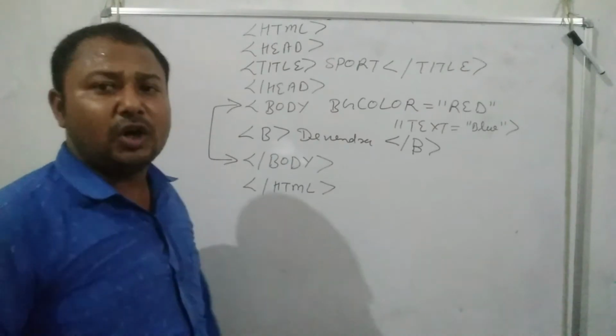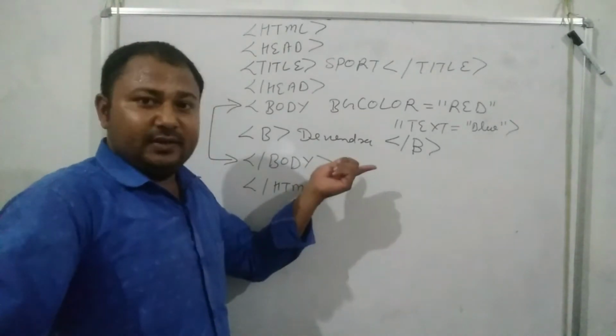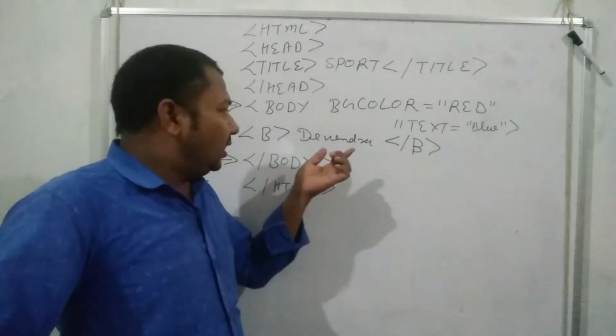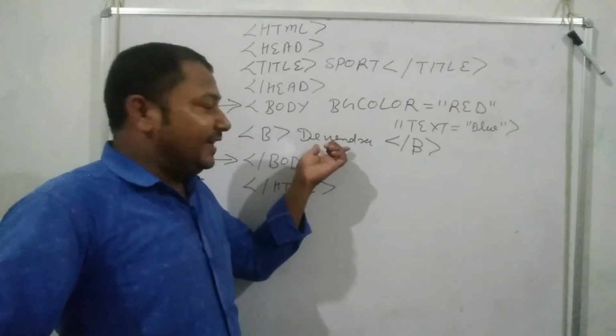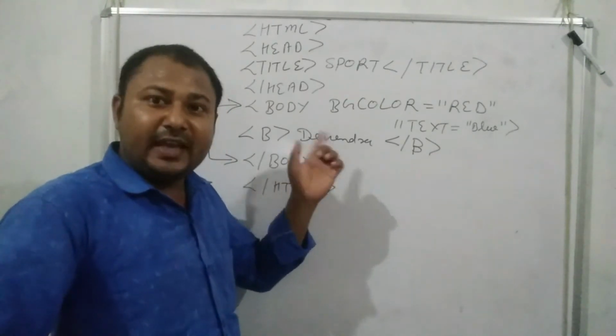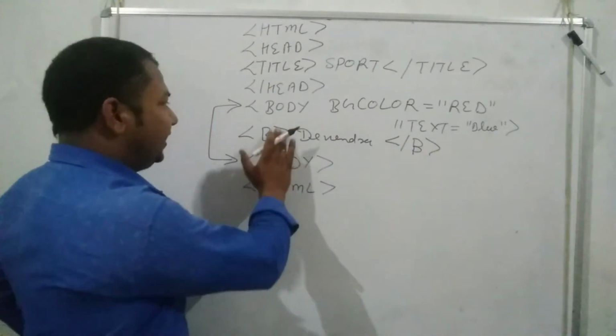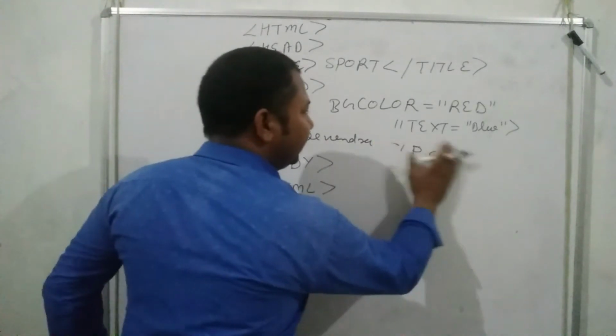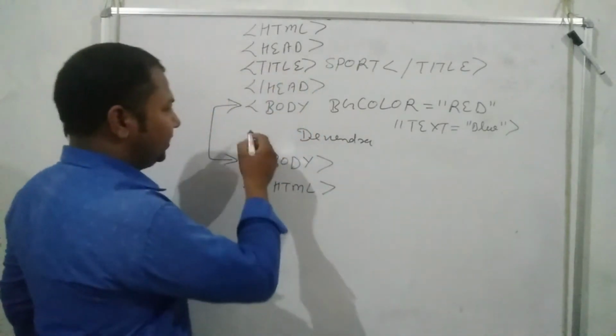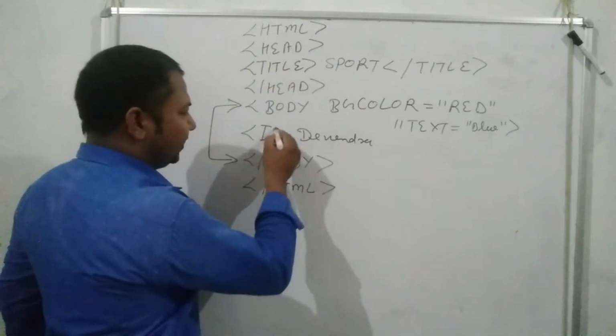And if we want to give italic text, we have to simply type the I tag, italic tag. The italic tag will be written in this format.